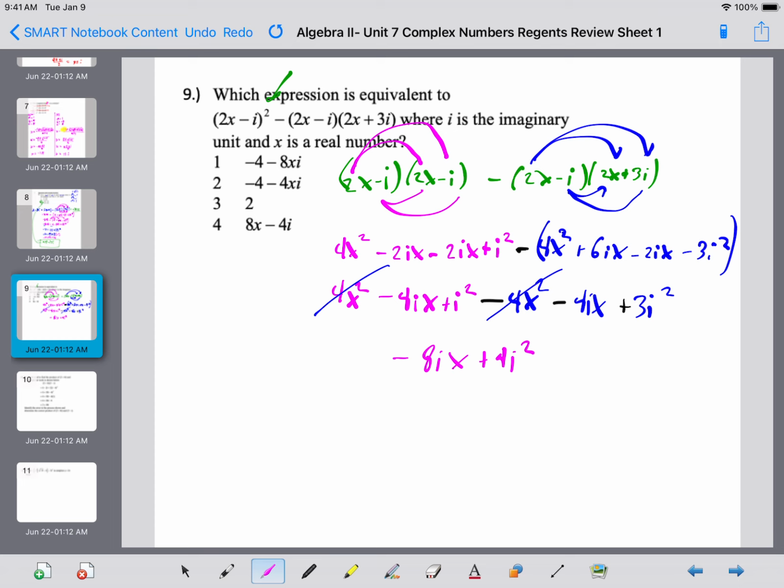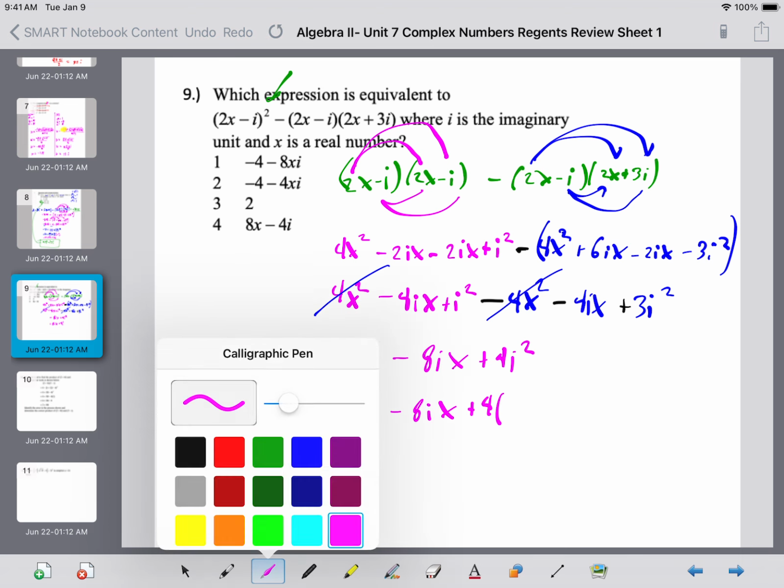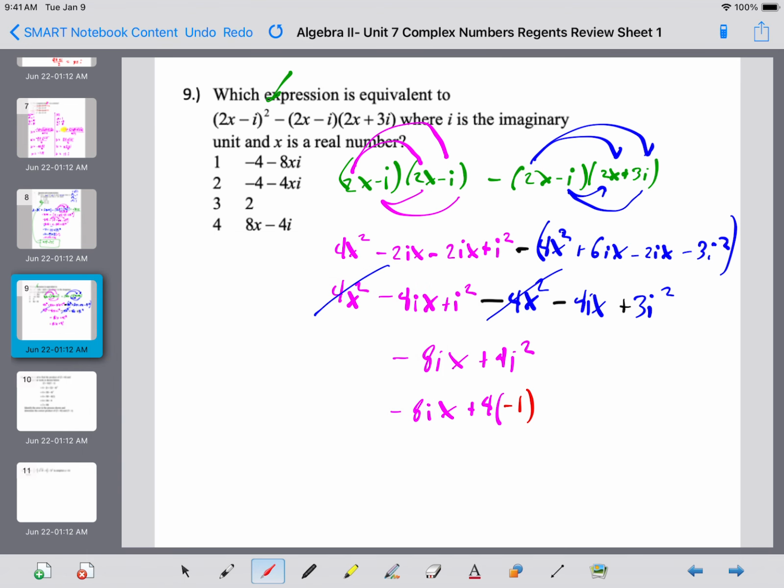Remember, i squared is just negative 1. So we have negative 4 minus 8xi.